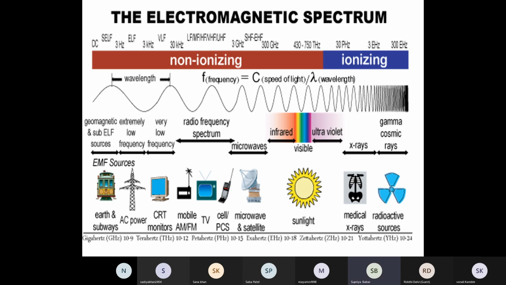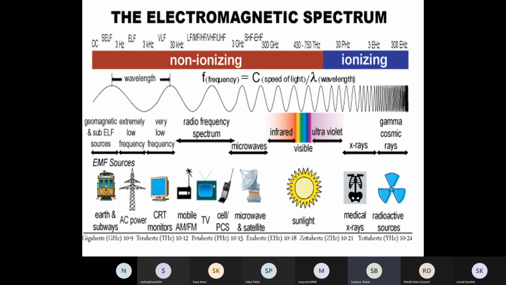We will see the electromagnetic spectrum. So see, there is wavelength. The wavelength is expressed in different units in different spectral regions.